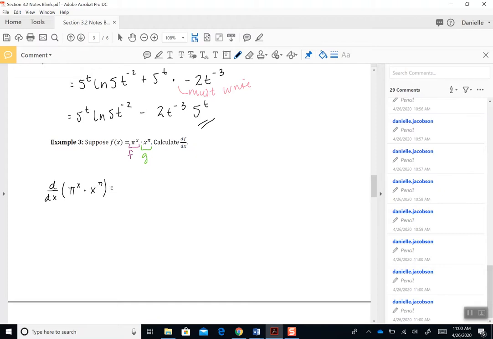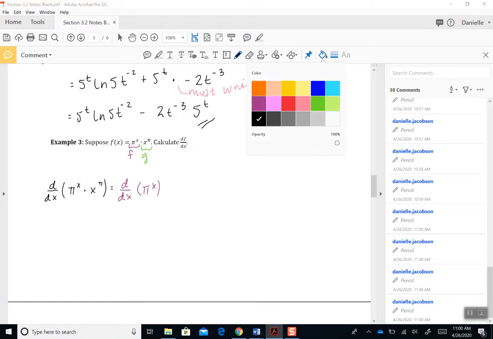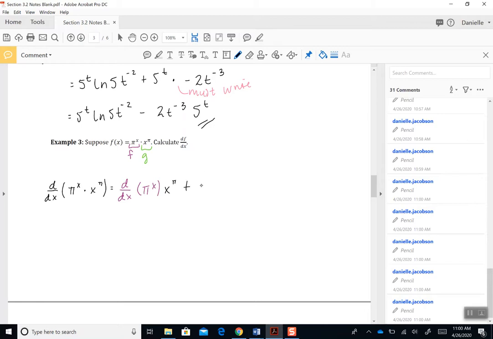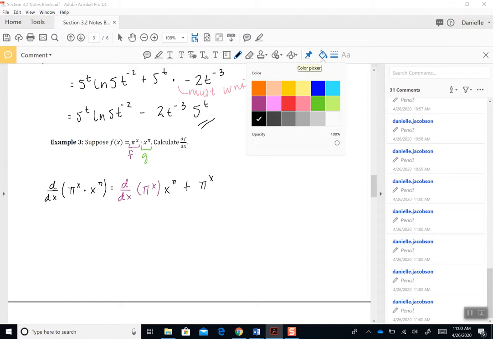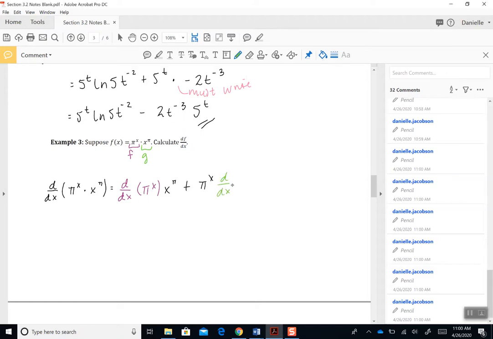That's equal to the derivative of the first, which in Leibniz notation I denote by writing d dx of pi to the x, times the second, so times x to the pi, plus the first, which is pi to the x, times the derivative of the second, d dx of x to the pi.